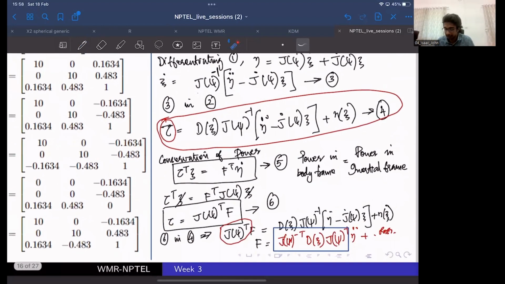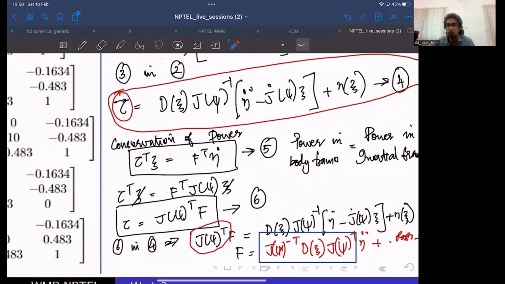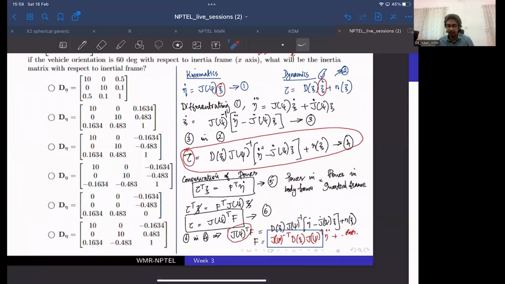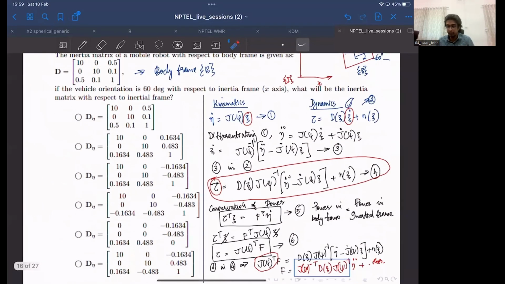And if you are writing the entire equations of motion in terms of the inertial frame, eta double dot is the acceleration vector in the inertial frame, and this is the coefficient of the acceleration vector in the inertial frame.